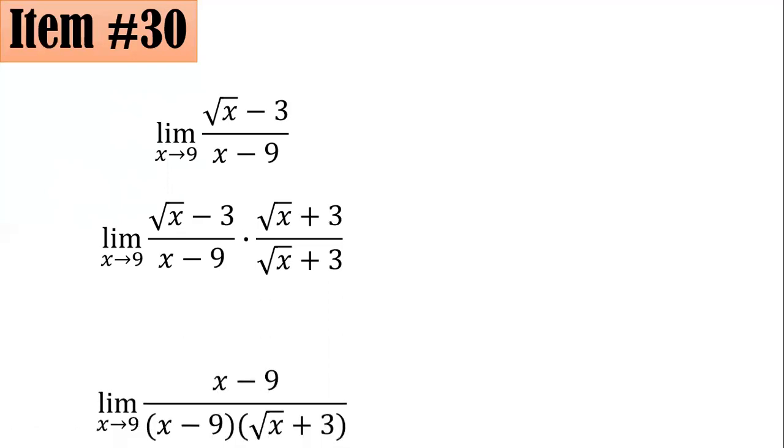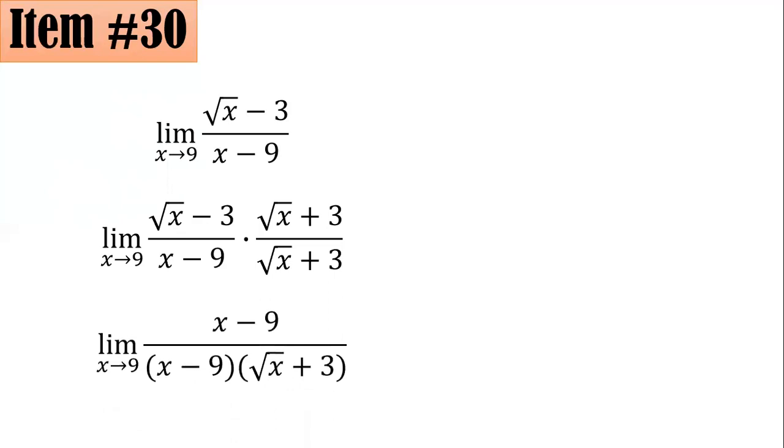The product of your numerator will be x minus 9, and your denominator will become x minus 9 times the square root of x plus 3. I did not give the product of the denominator because my intention is to cancel the x minus 9s in both numerator and denominator, since x minus 9 is a common factor.